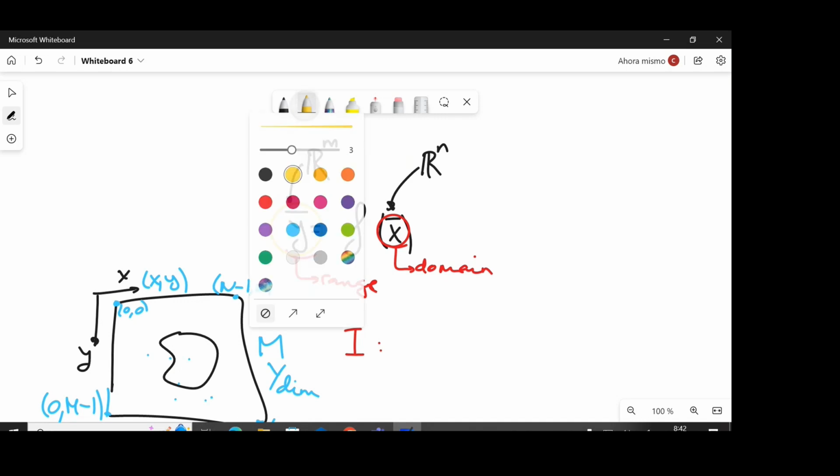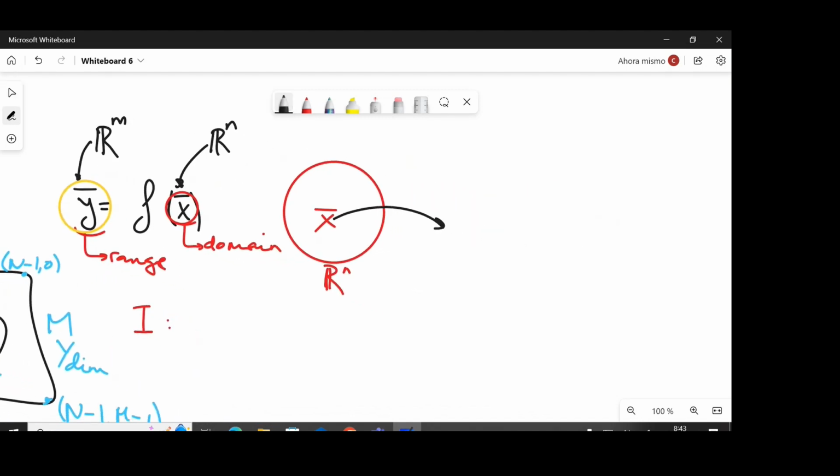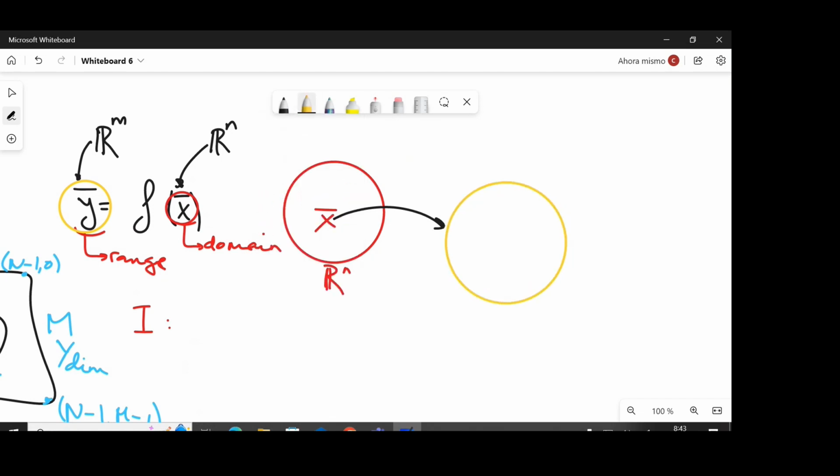So you go from an X domain, that is, in my example, R^n. You transform this by a function onto the range. So here we have y, that in my example was R^m. So this is in general, and in general you write this function like this.